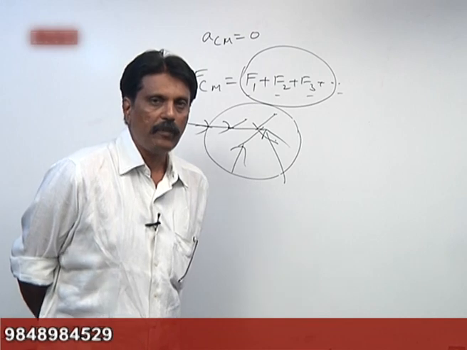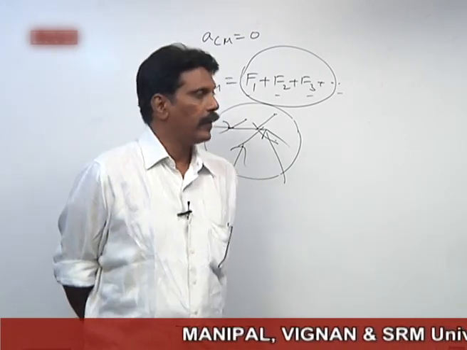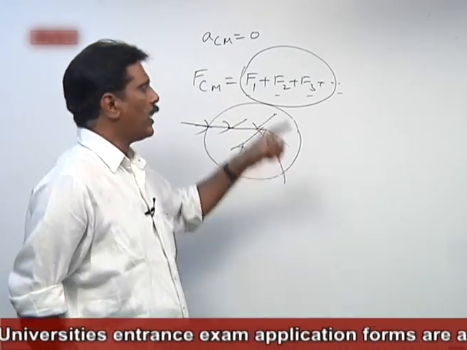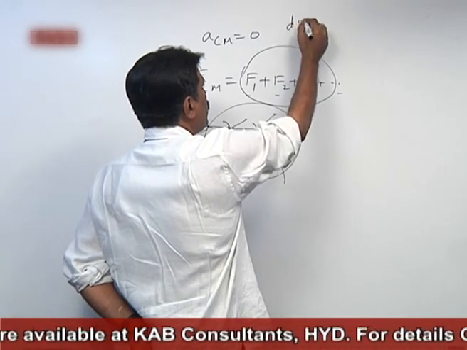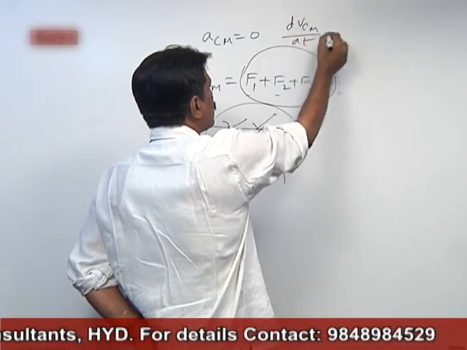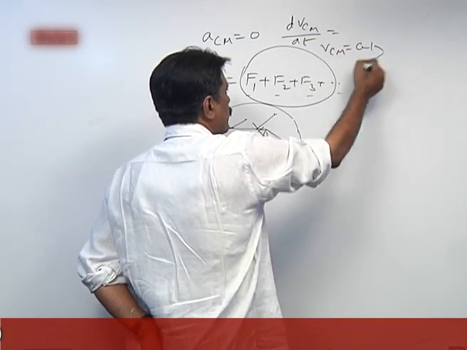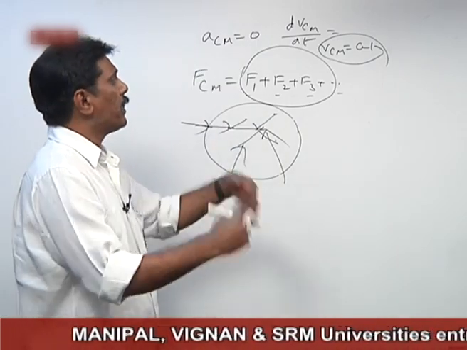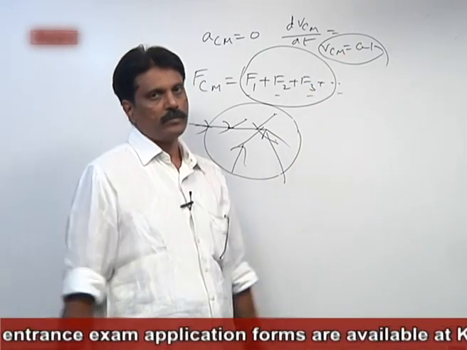That means dVcm by dt is 0, or Vcm is constant. The center of mass will move with constant velocity, or it may be at rest also. When it is at rest, Vcm is 0.